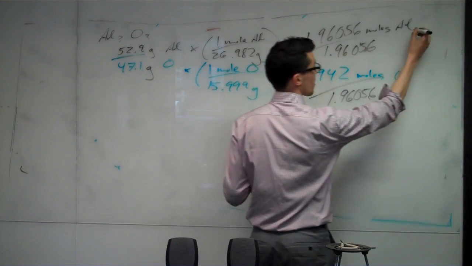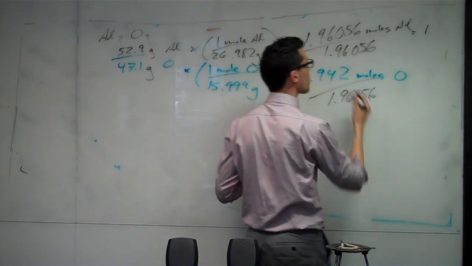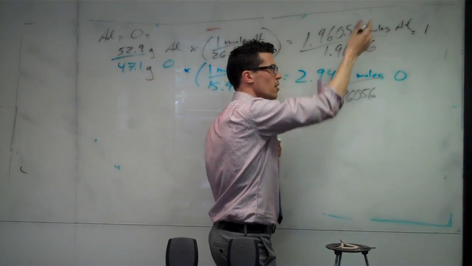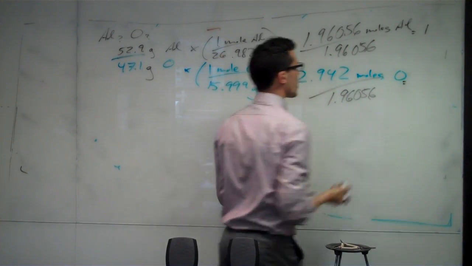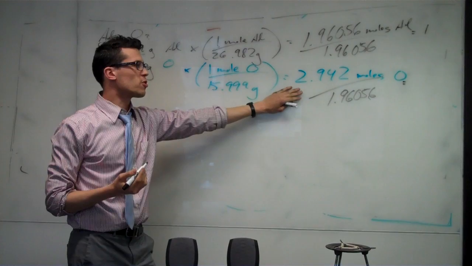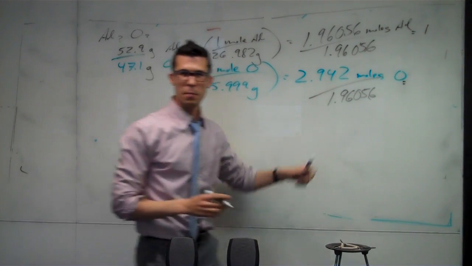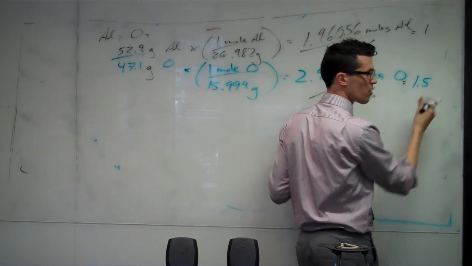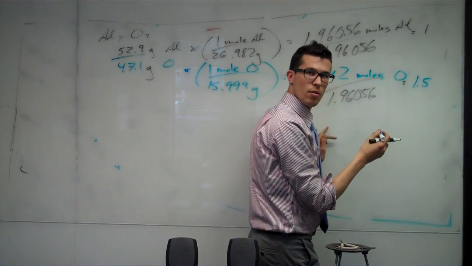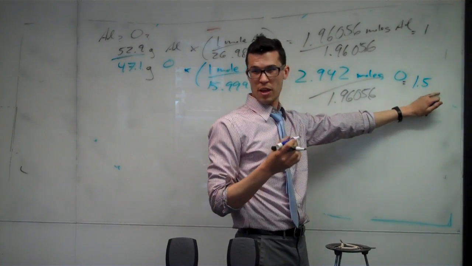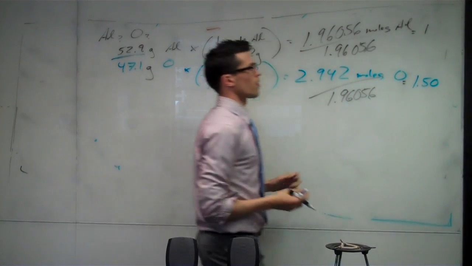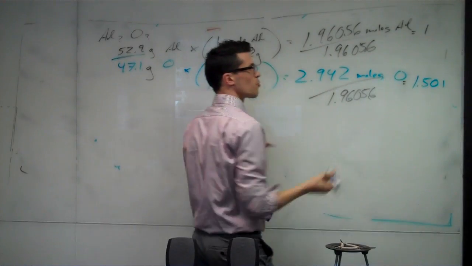This is obviously going to be 1 because this over this is the same. We've got 2.942 divided by this. It's going to be something like 1.5. There's more decimals: 1.501. So this is 1.5.